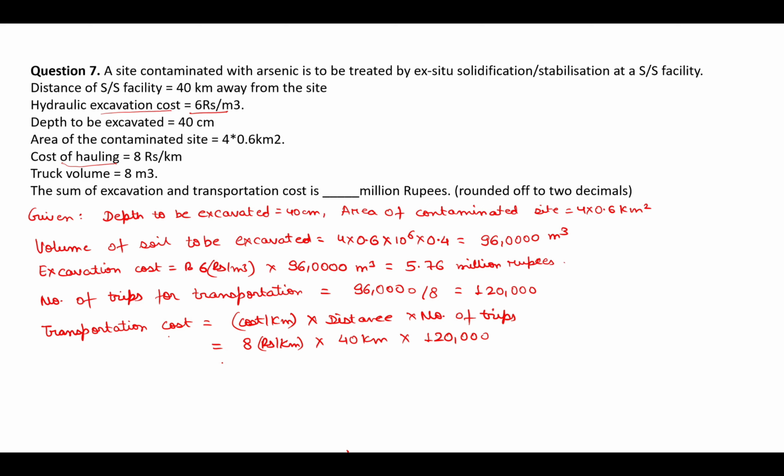I think the cost of hauling has included both because it is not written that the cost will be for one way or two way. So the cost of hauling is for one trip from the contaminated site to that facility and then returning back to the contaminated site. Yeah, so it is included in one. If it was not included, then it should have been mentioned in the question. It is to be multiplied by two. Yeah, understood.